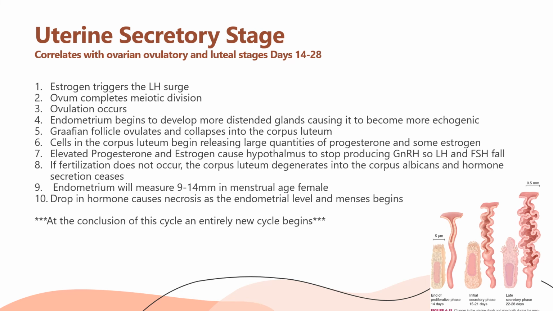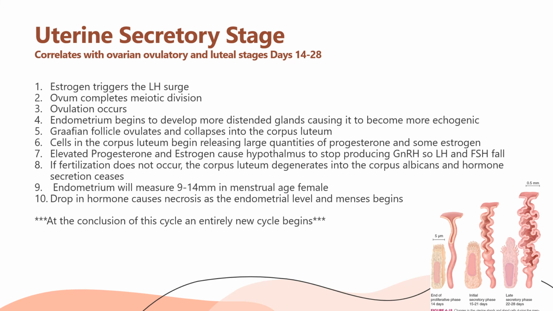Now, when that elevation of estrogen and progesterone gets so high, they're going to act on the hypothalamus, which will reduce GnRH production, and so LH and FSH will decrease.